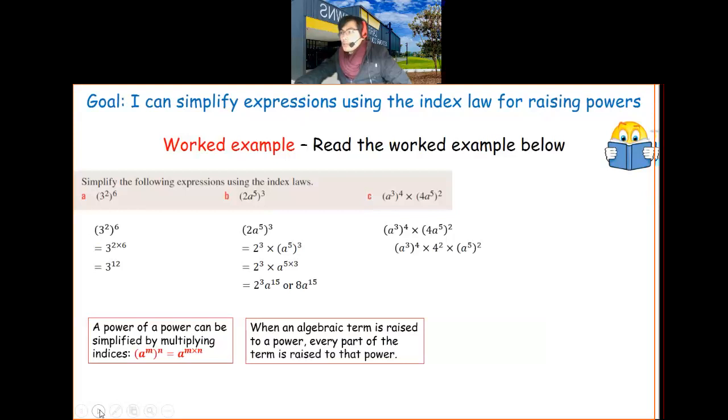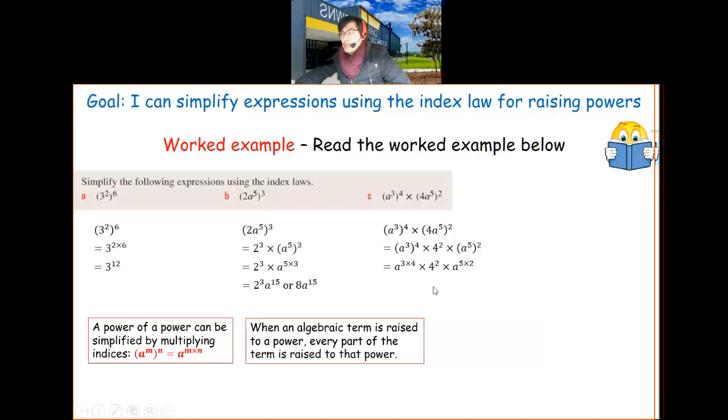So first of all, I'm just going to unpack the second bracket. So every part inside the second bracket is raised to the power of 2. Okay, so we have 4 raised to the power of 2 multiplied by a to the power of 5, all raised to the power of 2.